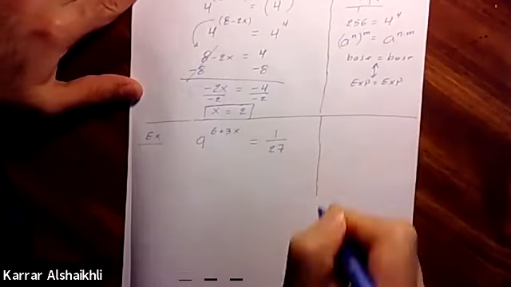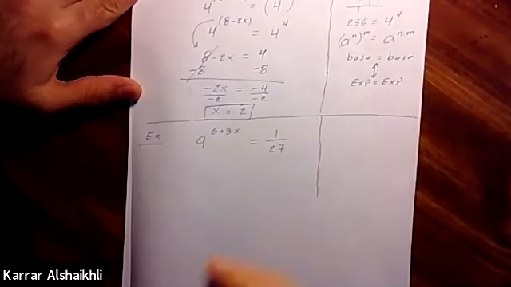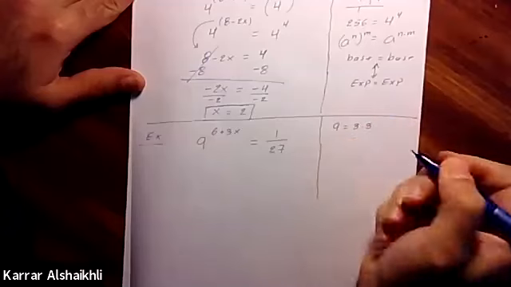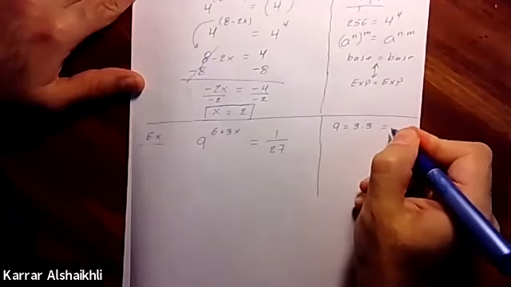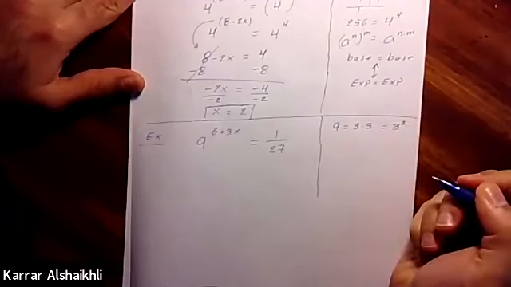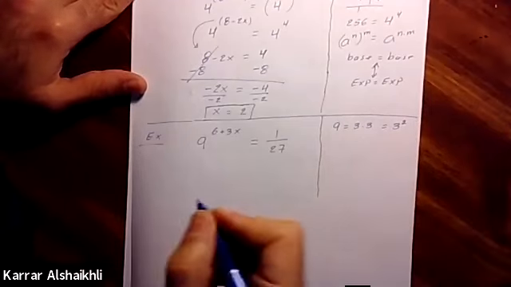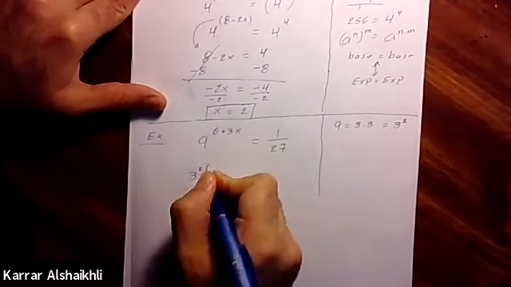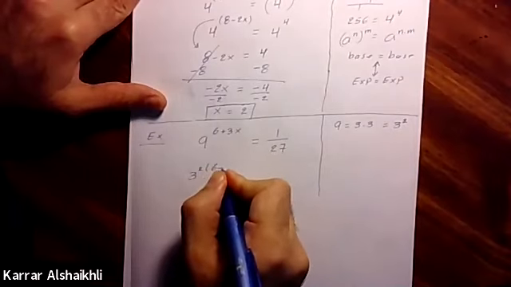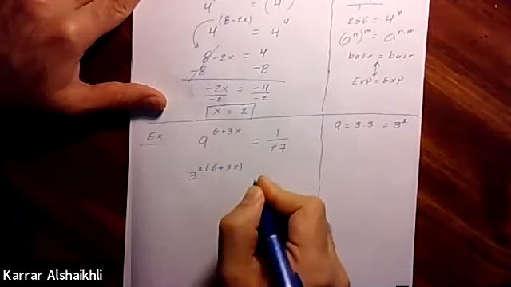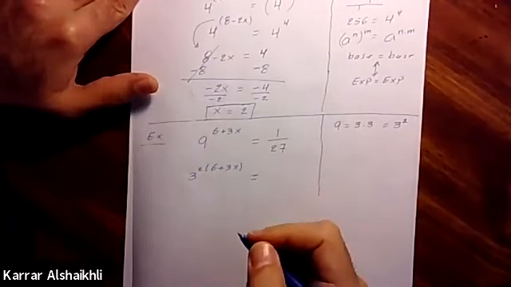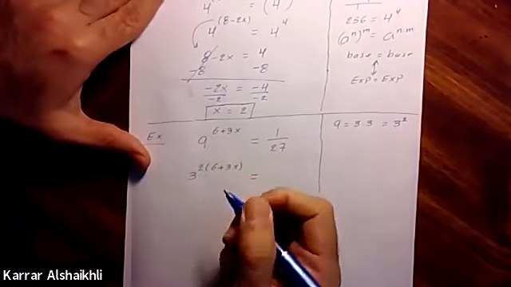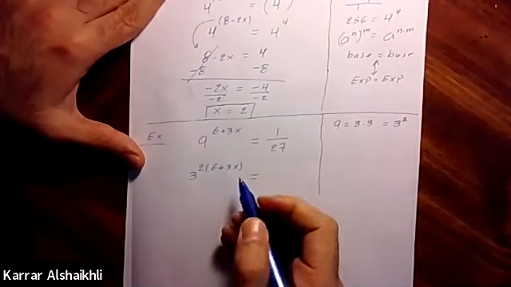Let's check here. 9 is 3 times 3, so I can write it as 3 squared. So I'm going to write 3 squared, and here's the exponent 6 plus 3x, equal to 3 squared, and here's the exponent 6 plus 3x.